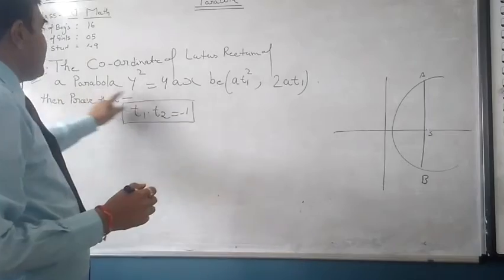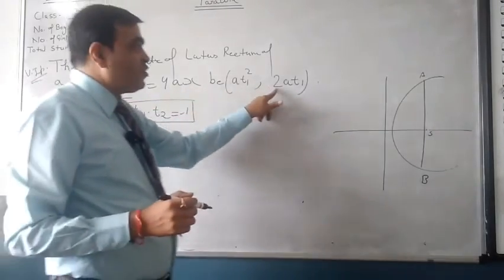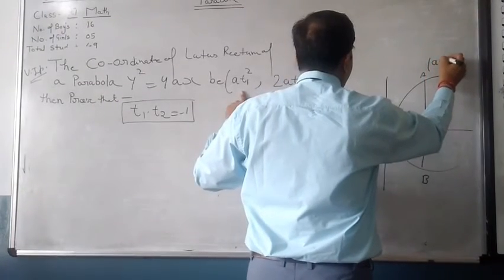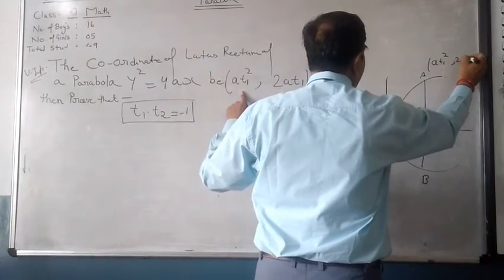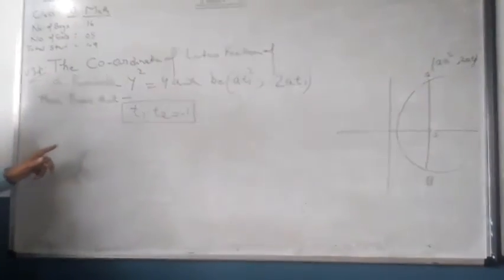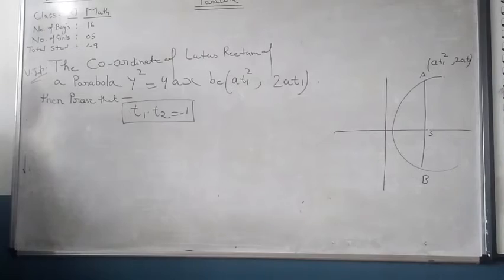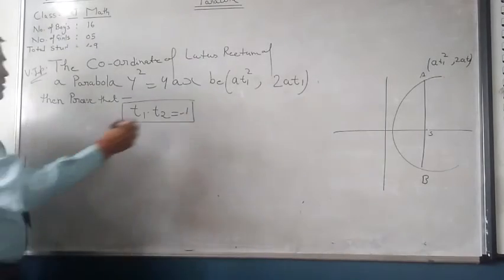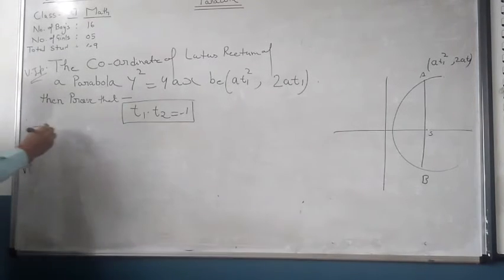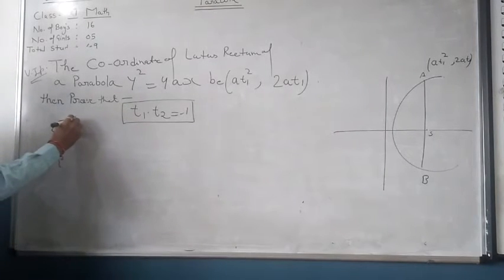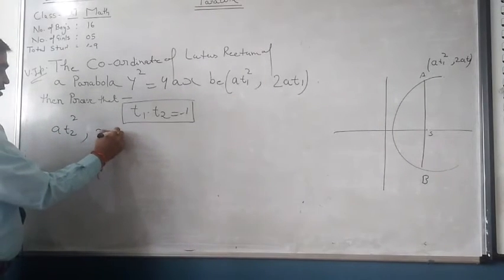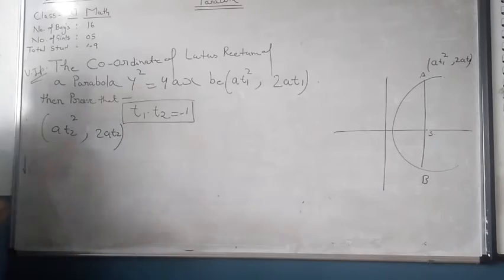The coordinates of A are given as a t1 square, 2a t1, and the coordinates of B are given as a t2 square, 2a t2.